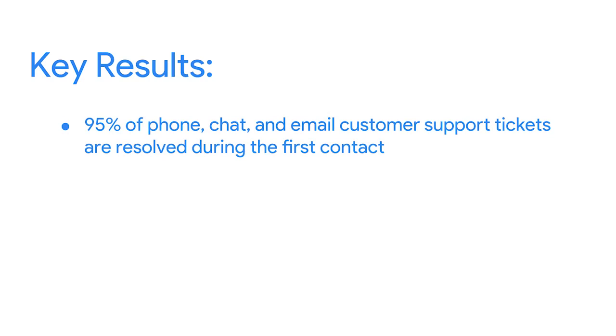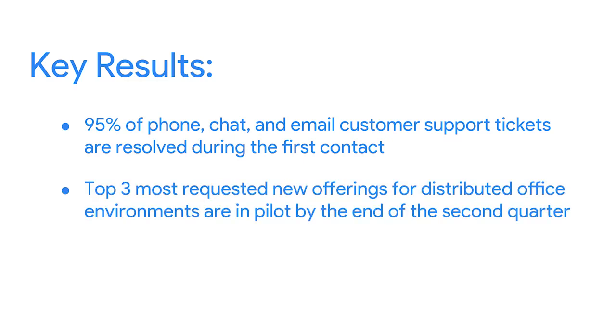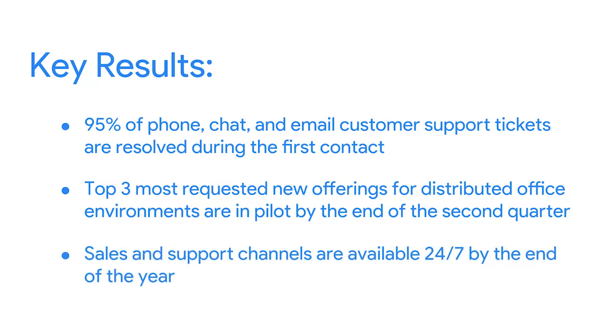In order to focus their efforts to reach this objective, Office Green might develop key results that include 95% of phone, chat, and email customer support tickets are resolved during the first contact. Top 3 most requested new offerings for distributed office environments are in pilot by the end of the second quarter, and sales and support channels are available 24/7 by the end of the year.